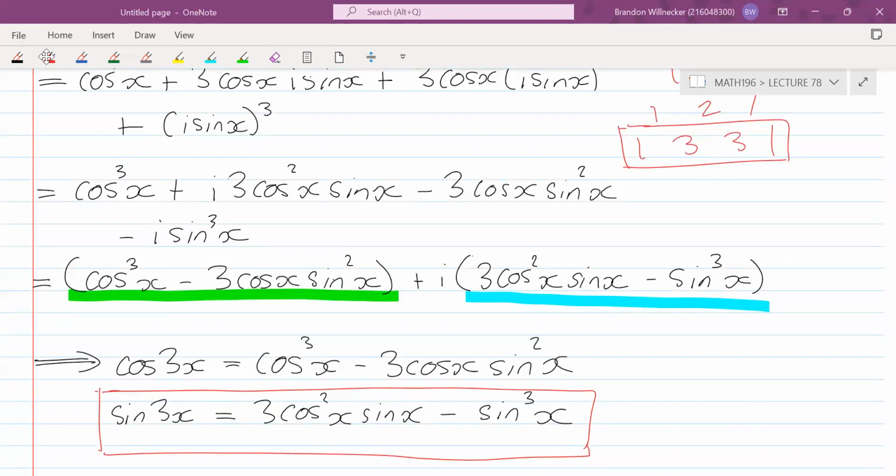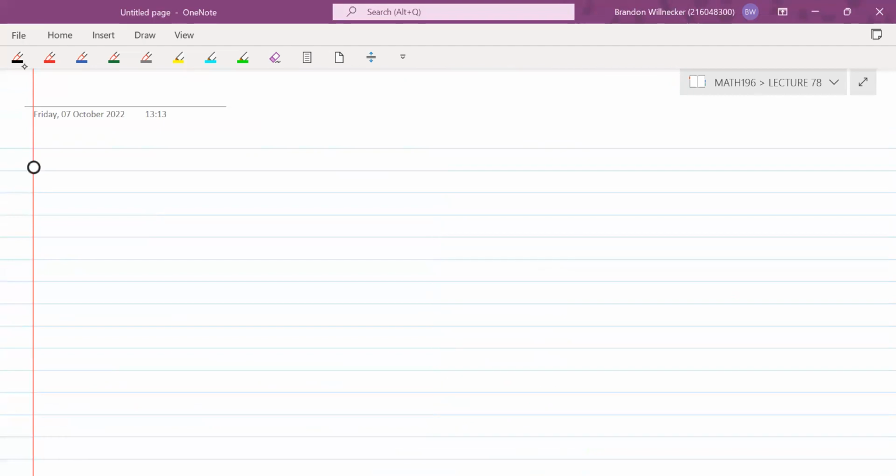Okay, let's have a look at another example. Let's say we have cos 4x, we want to find that. So same thing as before. Instead of finding cos 4x directly, let's look at cos 4x plus r sine 4x.